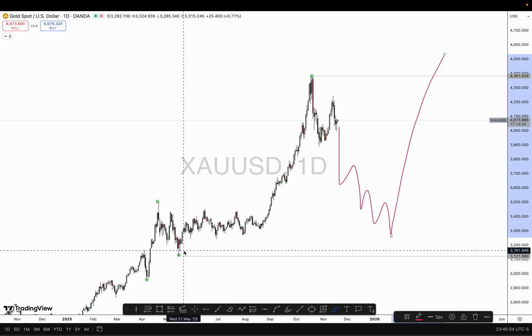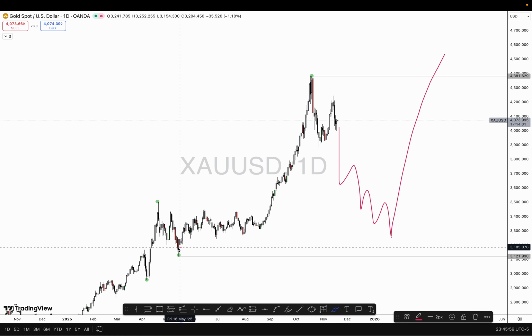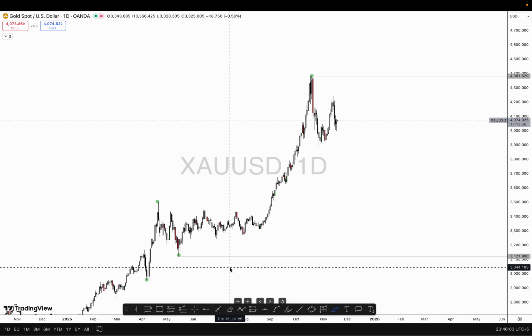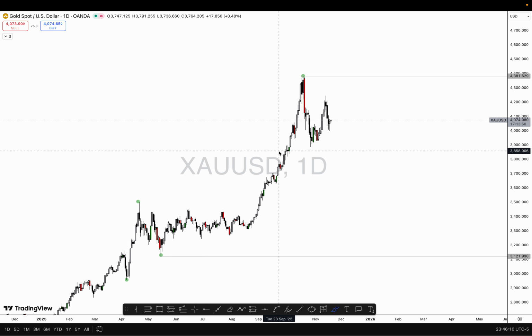For the daily trend to be considered broken, we would have to break this low. So the daily is bullish, the weekly is bullish. Right now we're just aligning the time frames.